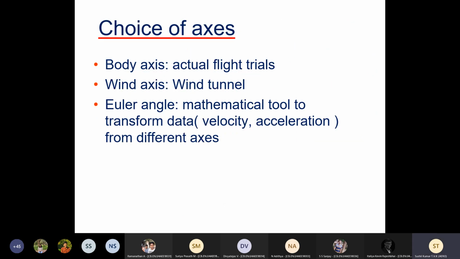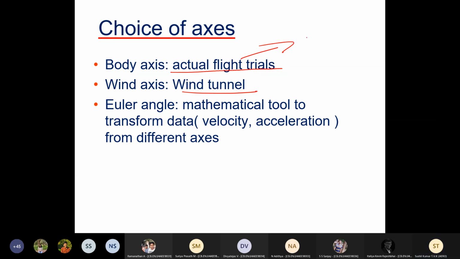Now the obvious question is, when do we use body axis and when do we use wind axis? Body axis is for actual flight trials. Wind axis is what you're going to get from wind tunnel experiments. Actual flight trials, because all the sensors are going to be fitted onto the body axis.